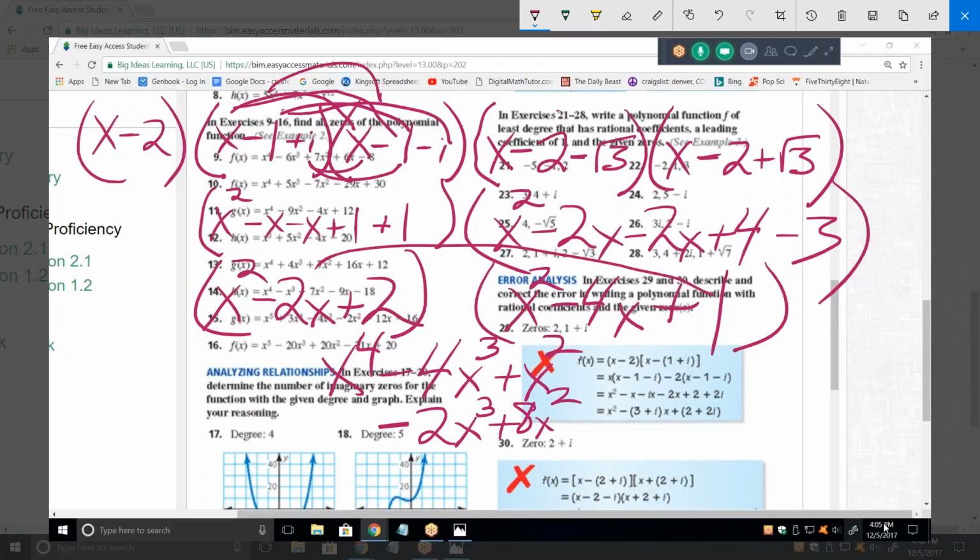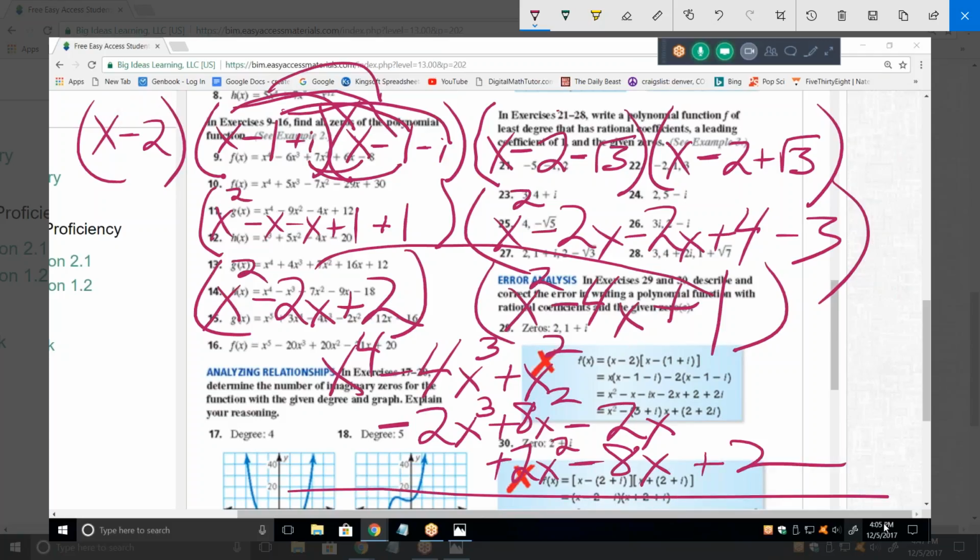We're doing this times that. Minus 2x. Keep going. Then plus 2x squared. Yeah. Keep going. Then minus 8x plus 2.